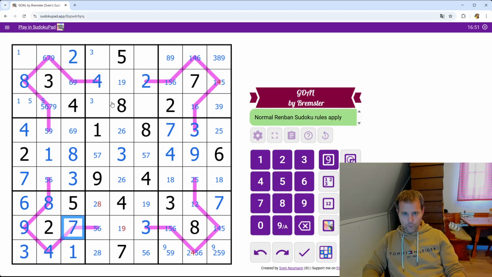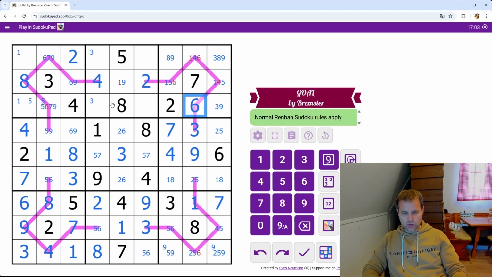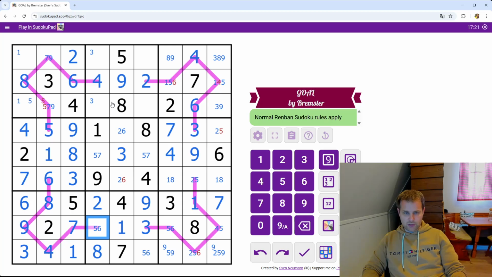8, 4, 2, 8, 1, 9, not 1, not 1, is 1, this is a 6, this is a 4, 9, 6, not 6, not 6, this is a 9, 5, 6, this 6 makes that a 5, 7, 5, 2, 6, 2, 5, 2, 4, 6, 6.